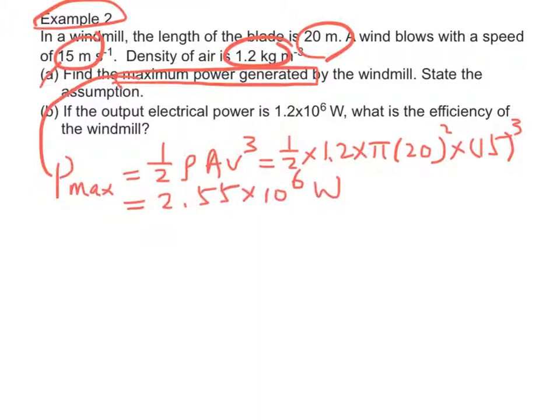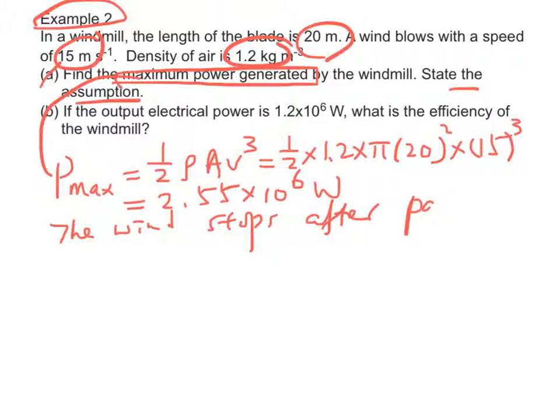The assumption is that the wind stops after passing through the wind turbine.